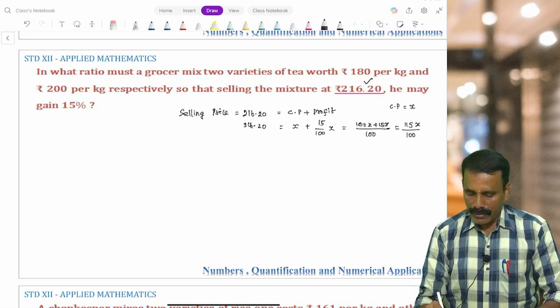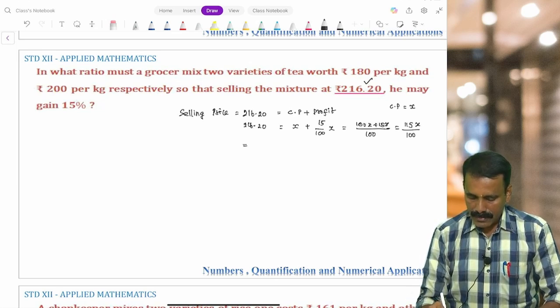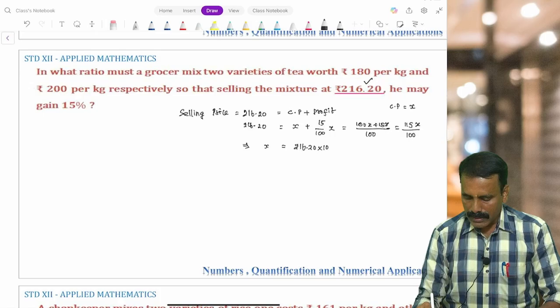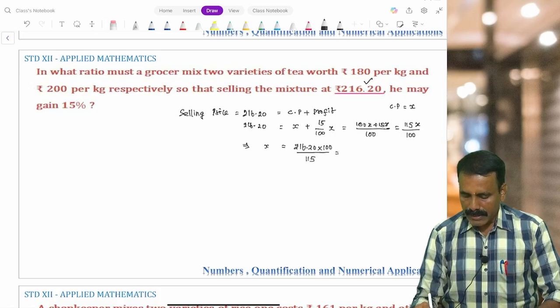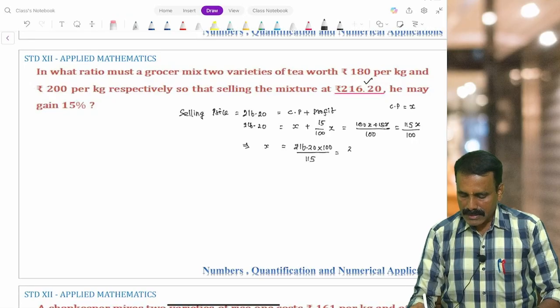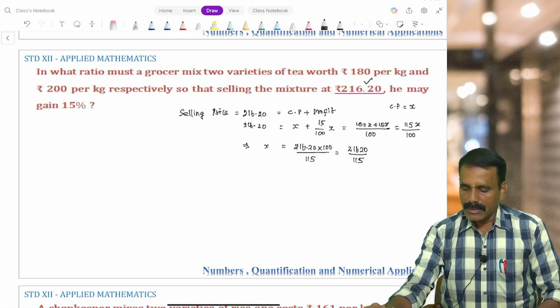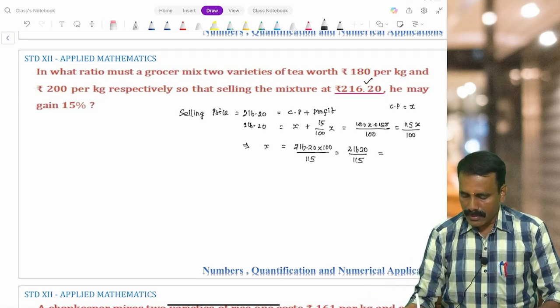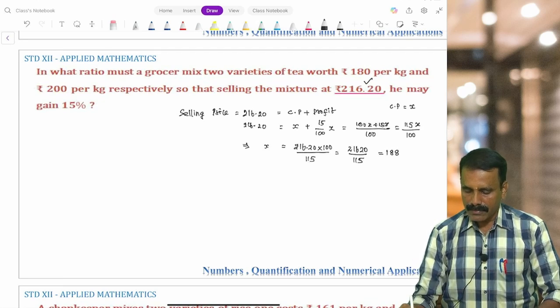So we try to find the value for x. So x will be equal to 216 rupees 20 paise into 100 divided by 115. When you multiply with 100, we get 21620, and it is divided by 115. 21620 divided by 115, the answer is going to be 188.